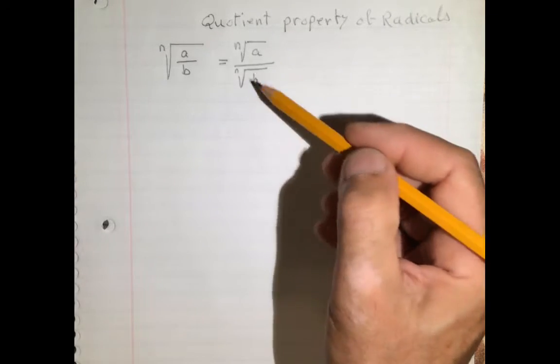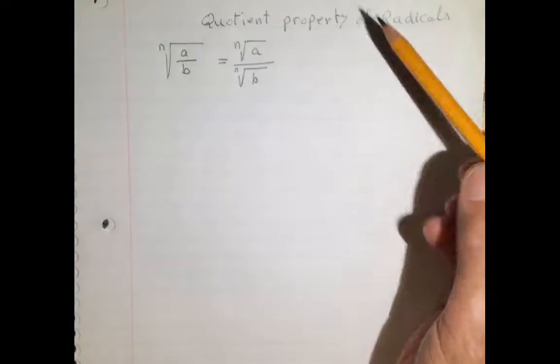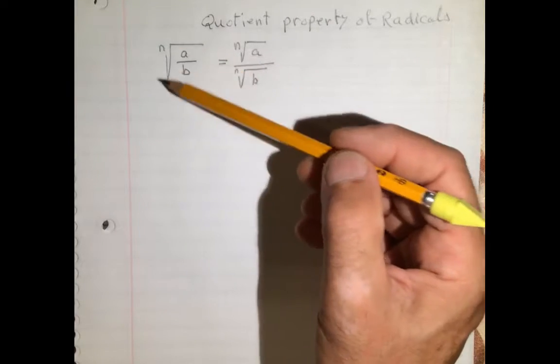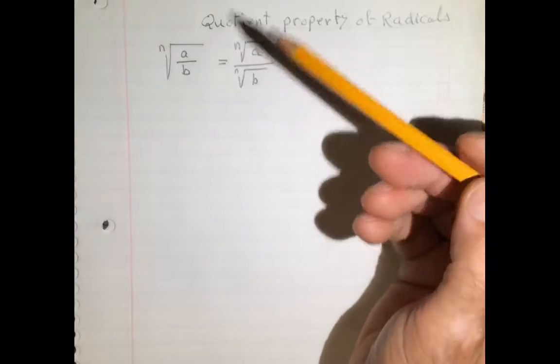So we can separate them into two radicals having the same index. Or if you have two radicals you want to divide and they have the same index, you can combine them in one radical, then you divide the radicands.